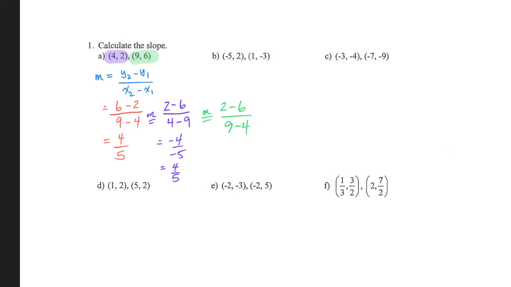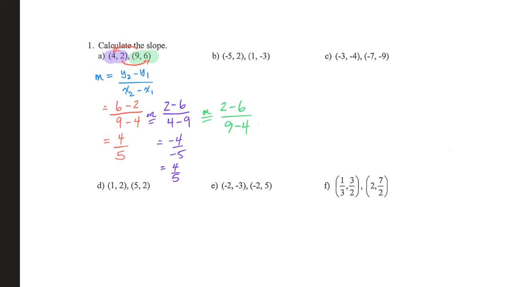That what happened was I took this x value, this y value, and subtracted this y value in the direction of my arrow. But then on my x, I went in the opposite direction.